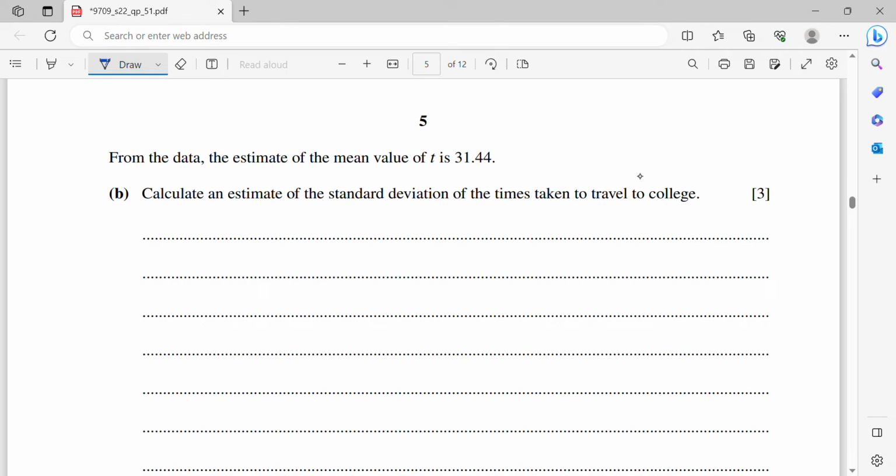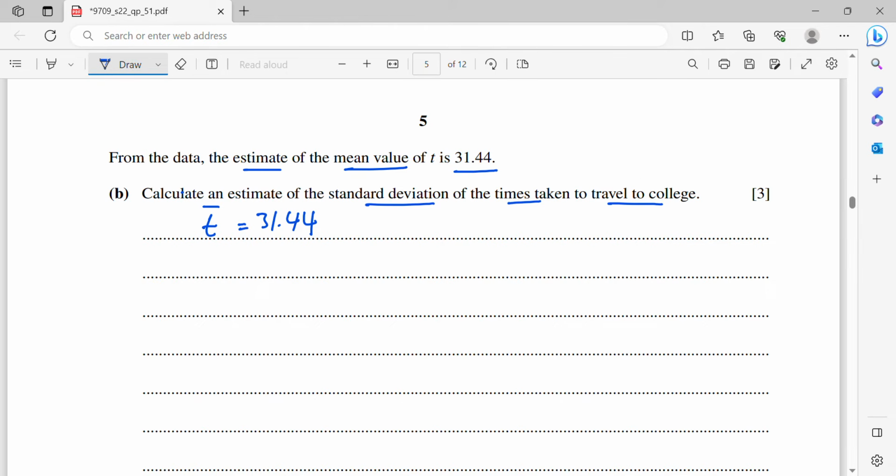Now, from the data, the estimate of the mean value of t is 31.44. So this is a mean value, meaning this is t bar, 31.44. Now calculate an estimate of the standard deviation for the times taken to travel to college. So now for standard deviation, we need to count all the frequencies, right?